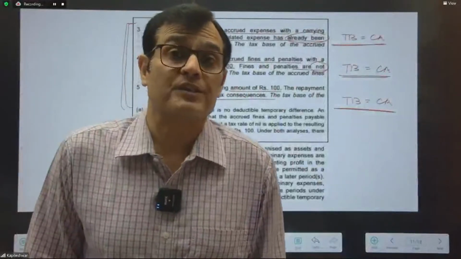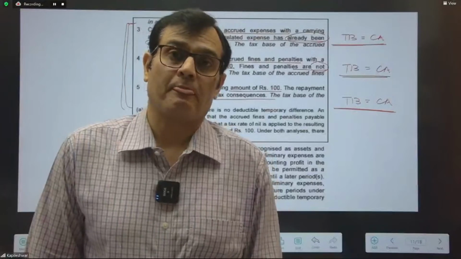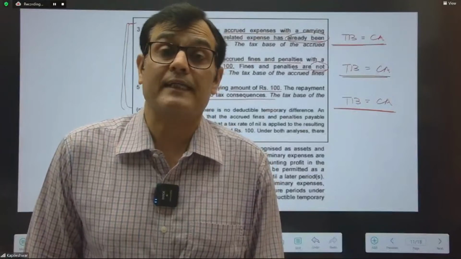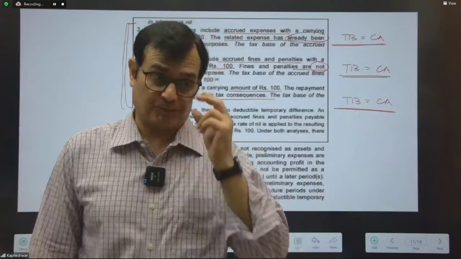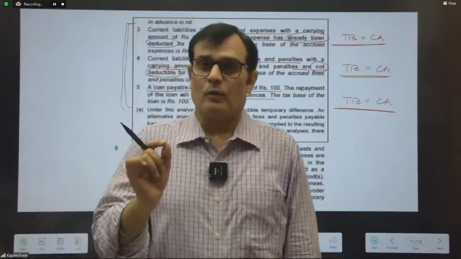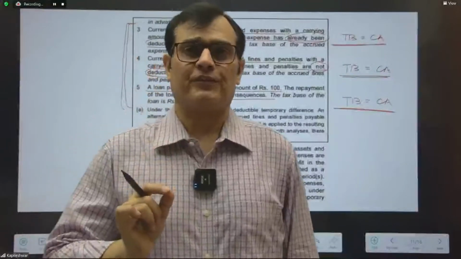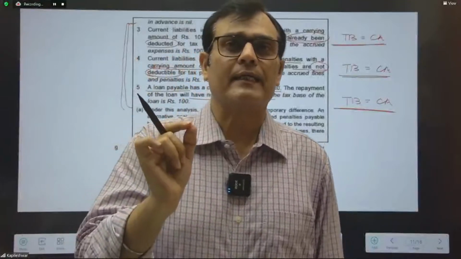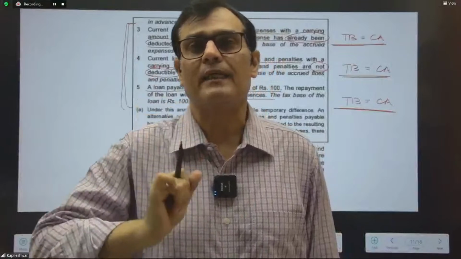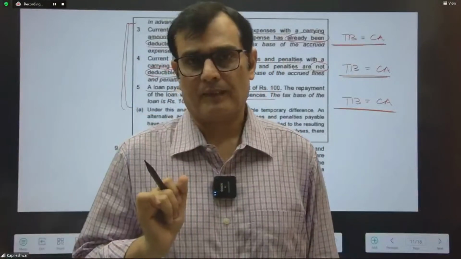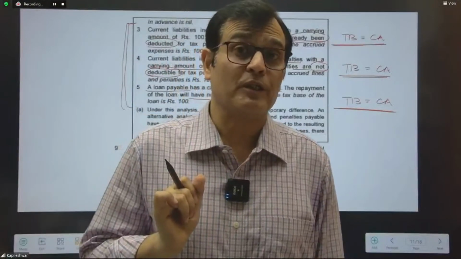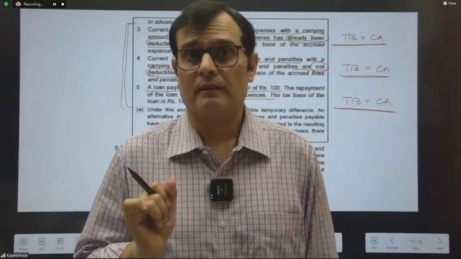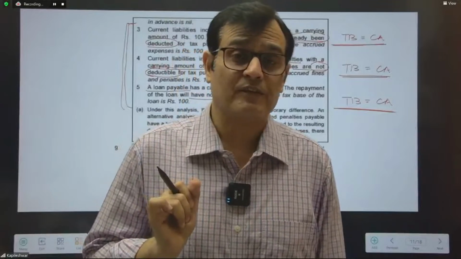Now, a caution, friends, at this stage. I'm talking of step number 2 and a small caution at this stage. When you calculate a tax base, in step number 1 we said calculate a carrying amount of every asset and liability. Can there be items which are not in the balance sheet but have a tax base?